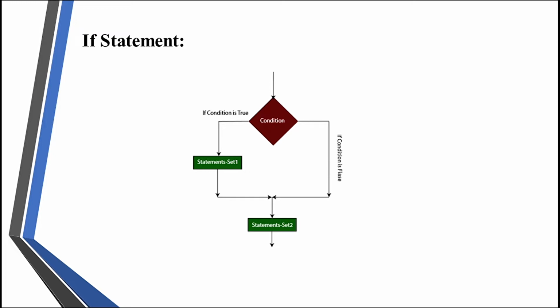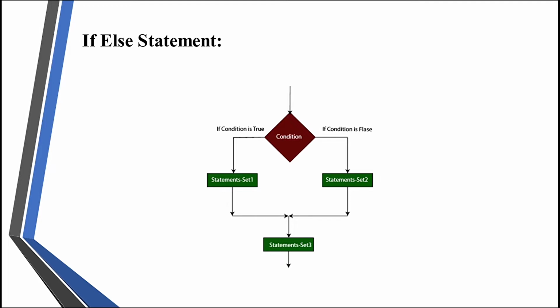If the condition is true, then statement 1 and statement 2 will be executed. If the condition is false, only statement 2 will be executed. That way we skip statement 1. We will see one by one in programming also how the statements will execute and how the control will flow. First of all we will see this flow of the statements, then we will go with the program.